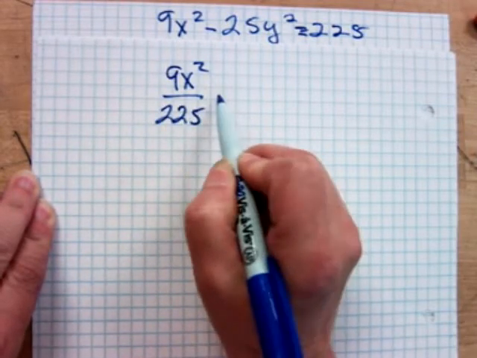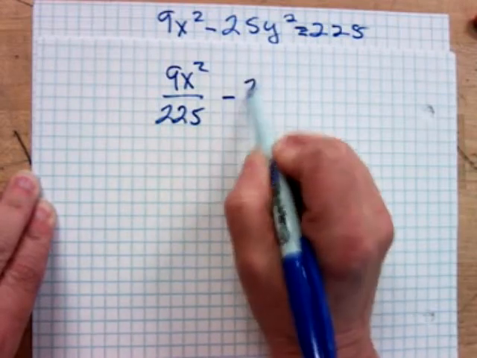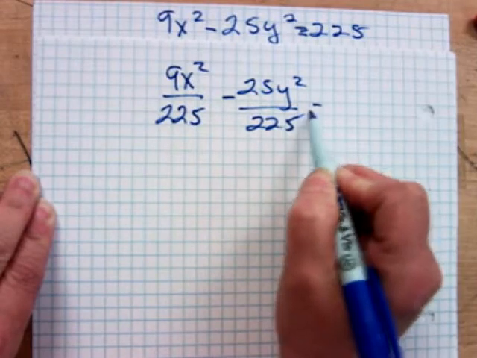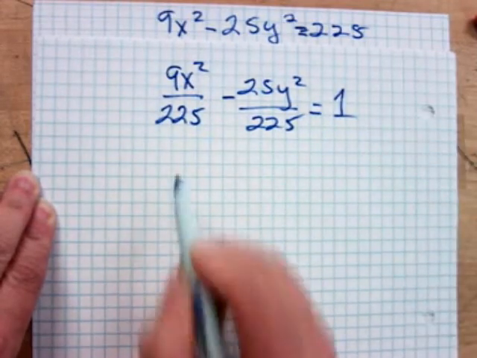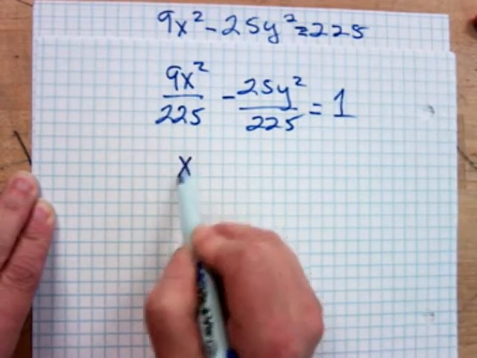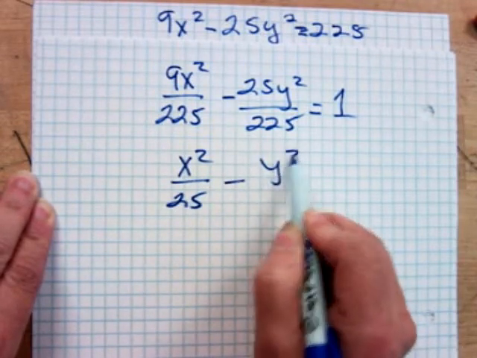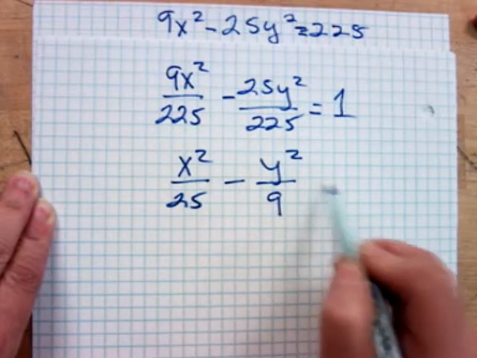So 9x squared over 225 minus 25y squared over 225 equals 1. So we end up with x squared over 25 minus y squared over 9 equals 1.